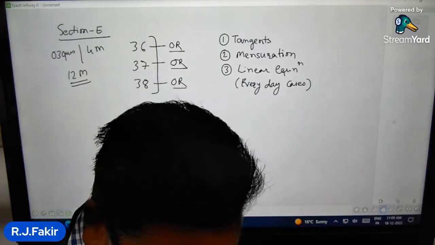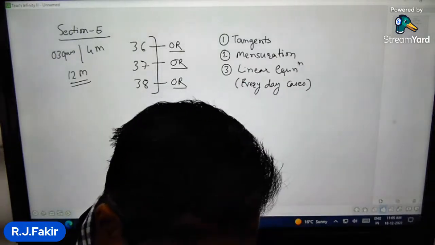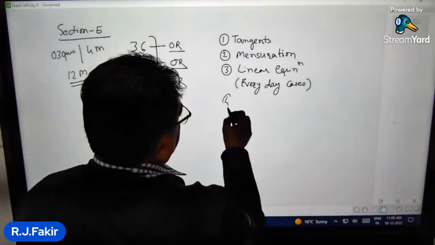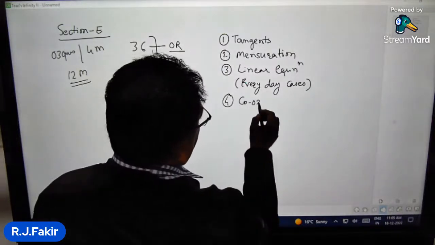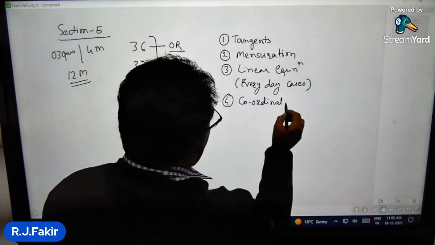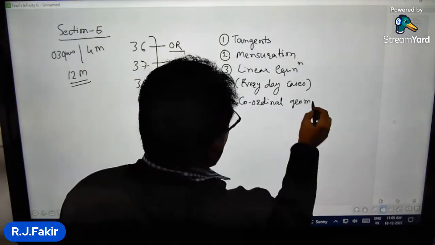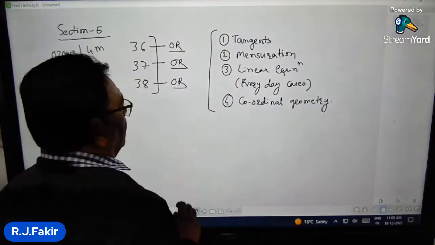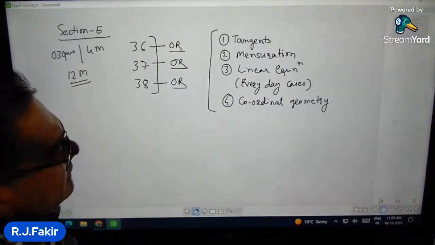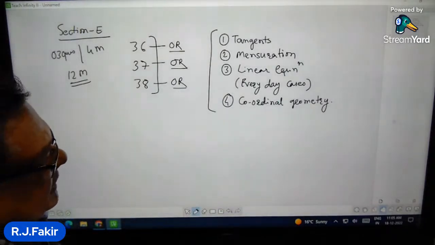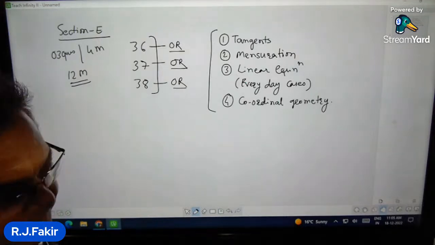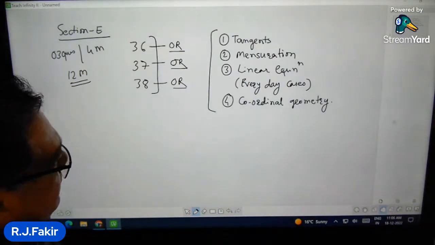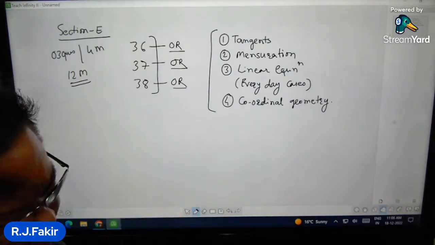Again, the railways half ticket and full ticket concept, and sometimes even coordinate geometry. So by going through this one, I found that these are the topics generally repeatedly they are asked in the case study. But this is just information.